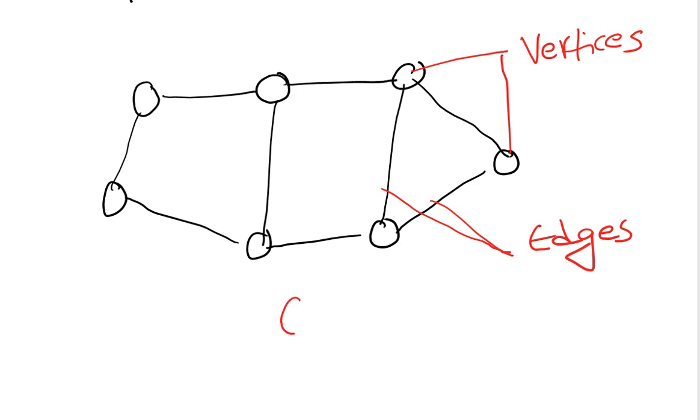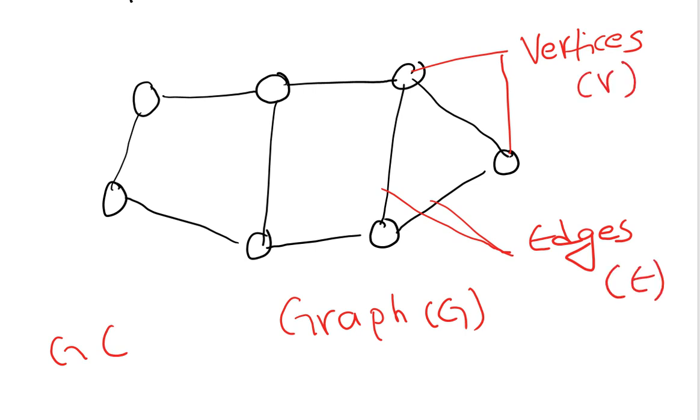So this is called a graph, or we may call it graph G. Graph G consists of vertices V and edges E.